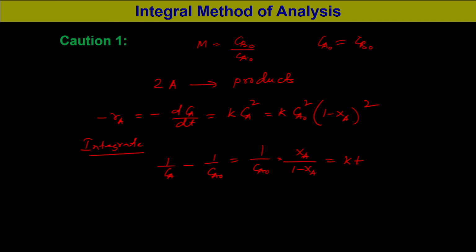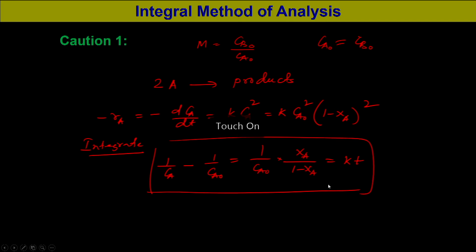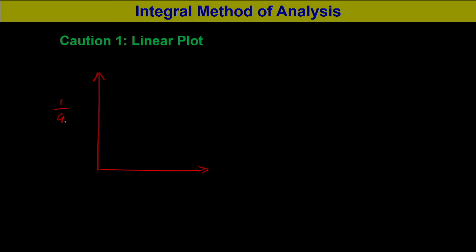Now, if we plot this expression, we would obtain a curve like this: 1 by Ca versus time.